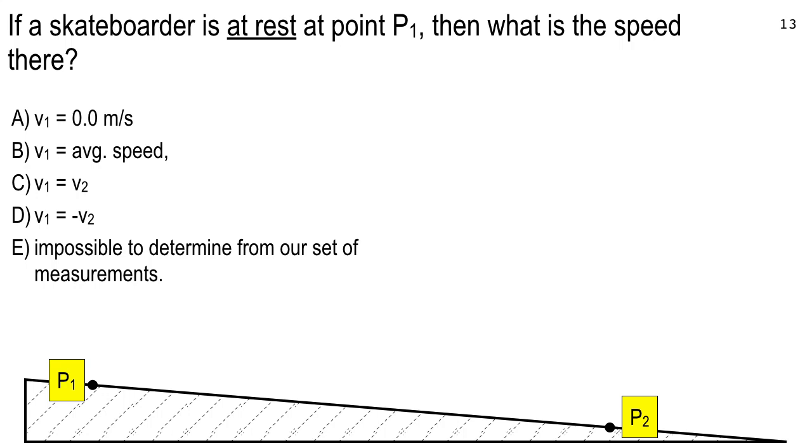Now, let me ask you a question. When she got down here towards the front couple rows, was her speed 0? No, she was blazing. She had like 2.5 meters per second or something.